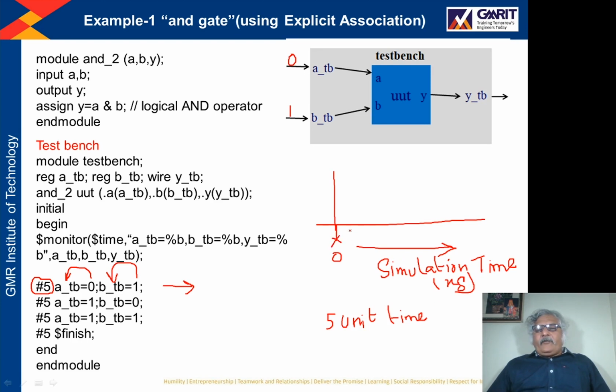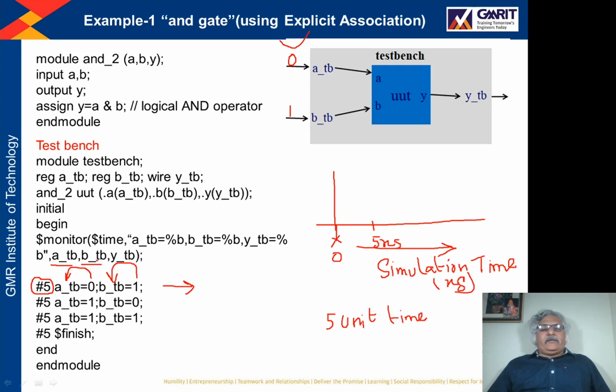So when the simulation time reaches 5 microseconds, then 0 will be assigned to a underscore tv and 1 will be assigned to b underscore tv. These values are assigned to a underscore tv and b underscore tv, so this means there is now a change in the values of these variables a underscore tv and b underscore tv.